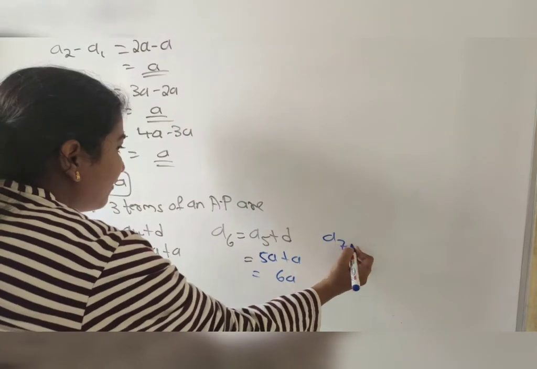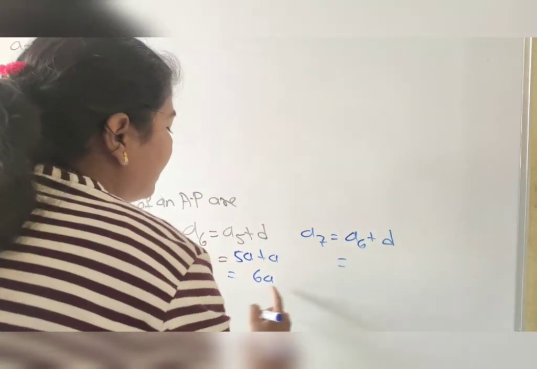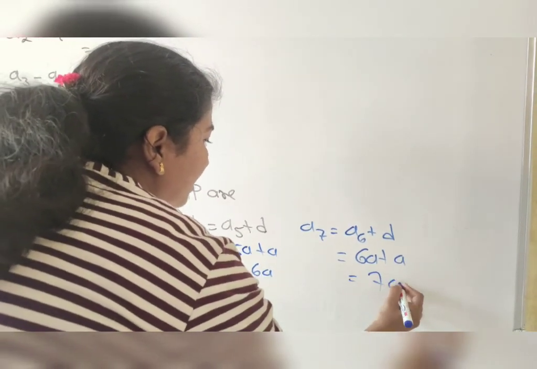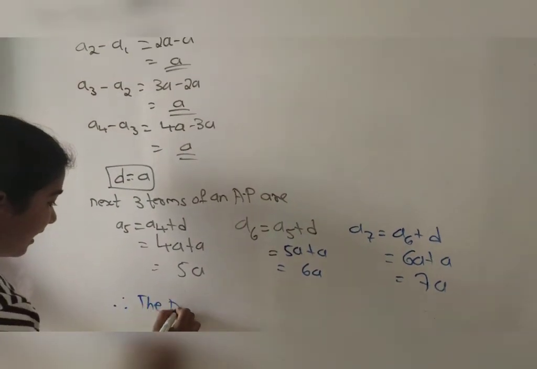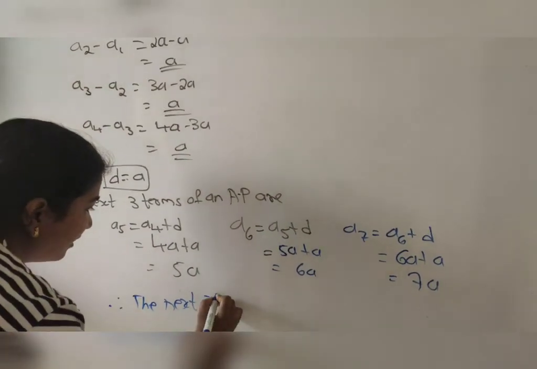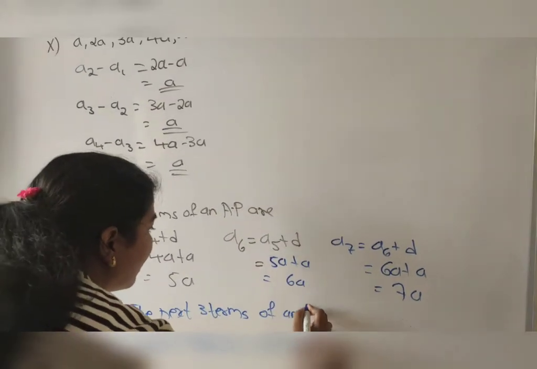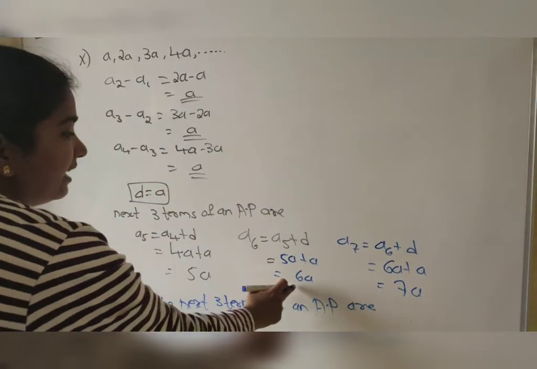Now A7 is A6 plus D. A6 is 6a plus a you are getting 7a. Therefore, the next 3 terms of an AP are 5a, 6a, 7a.